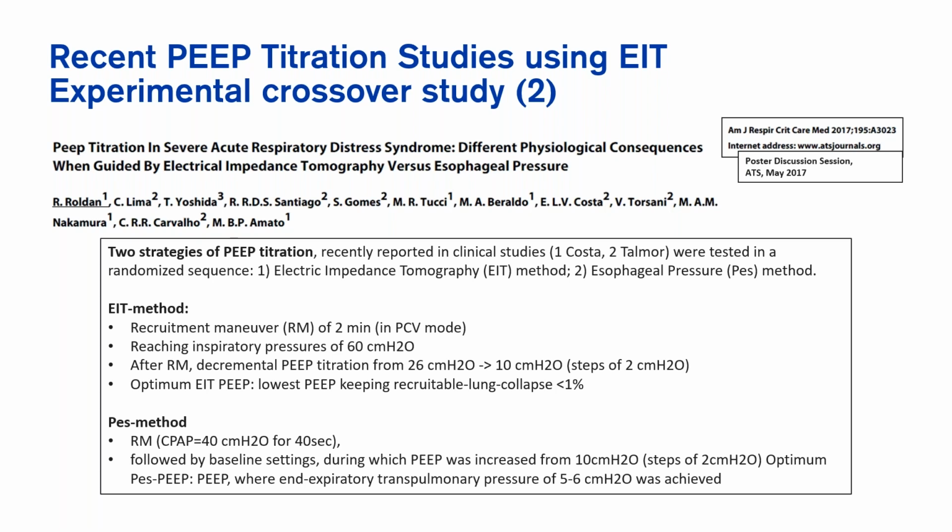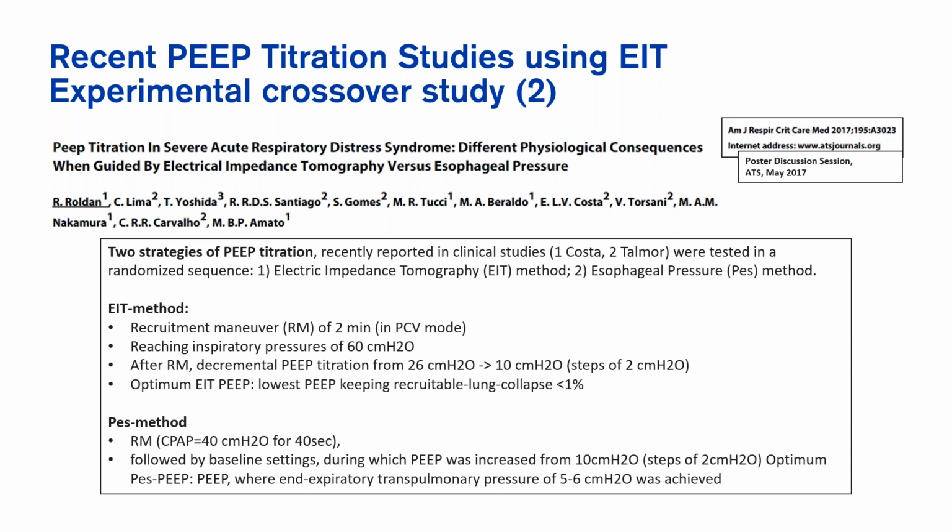After the recruitment maneuver, they performed a decremental PEEP titration from 26 centimeters to 10 centimeters of water. Then they selected the optimal EIT PEEP, where they opened the lung and kept the lung open.